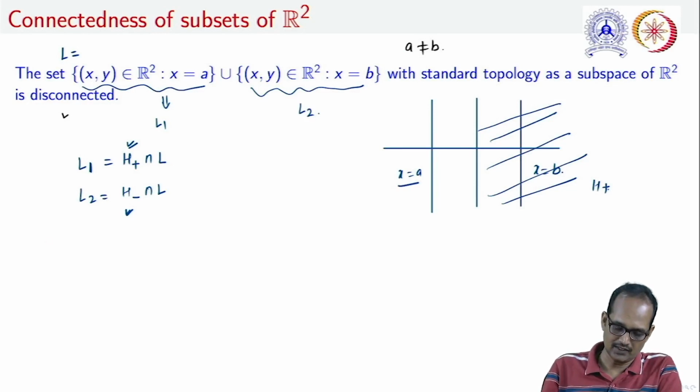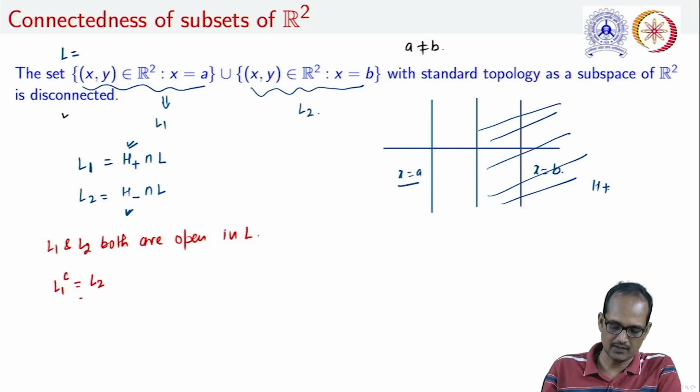Meaning is to say that this L1 and L2 both are open in L. Even if we are finding out the complement of L1, that is nothing but L2. From here we can conclude that L1 is open as well as closed.